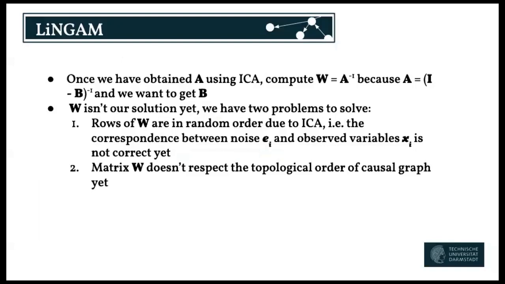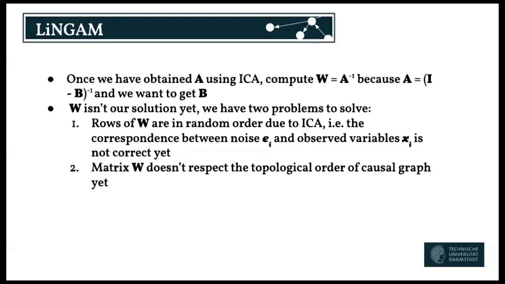So once you have this A obtained, then you just compute the inverse of this, because remember that our A is defined like that, and we are interested in B. However, W is not the solution yet. So what's missing still?